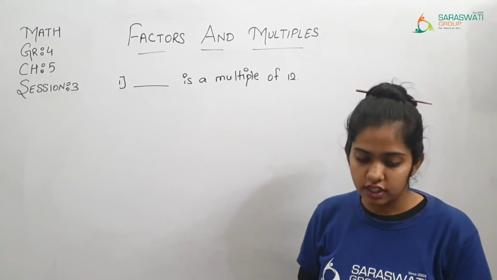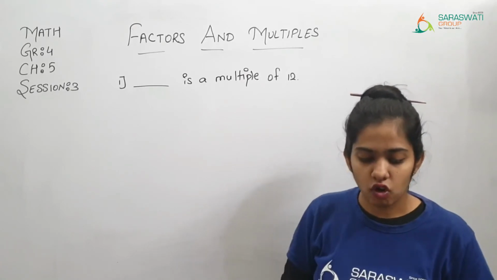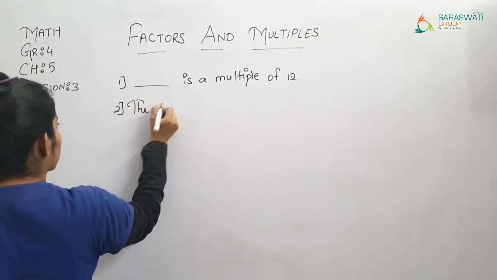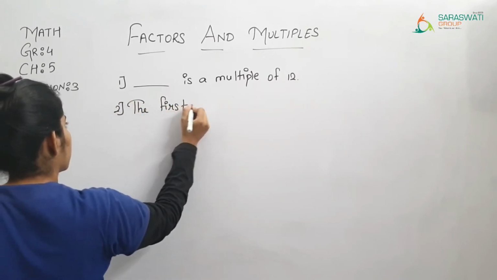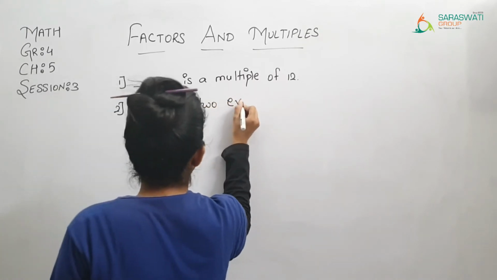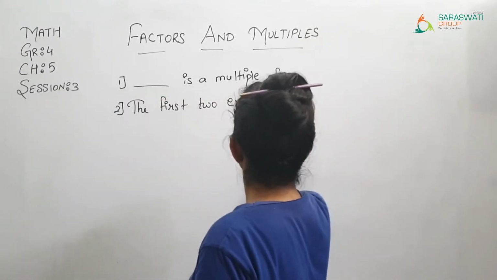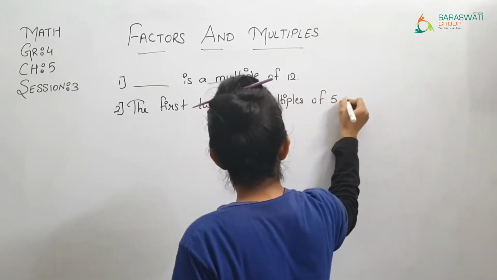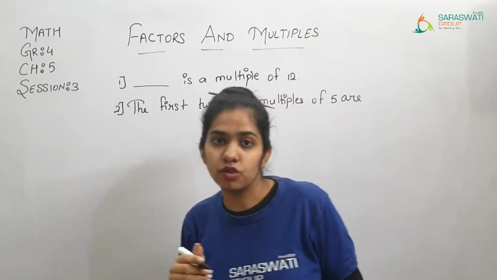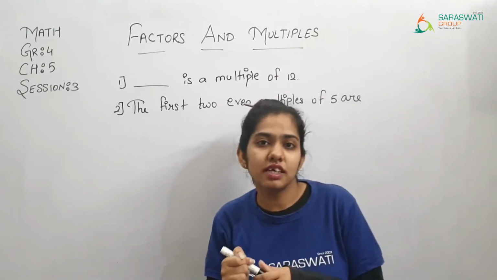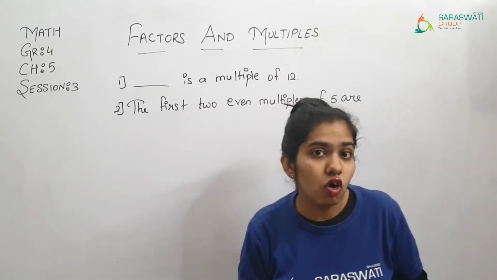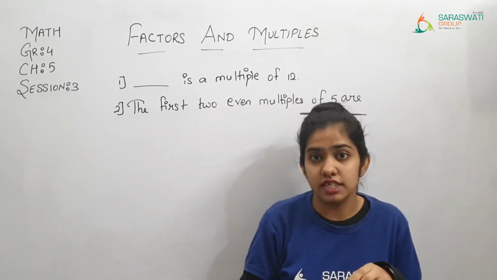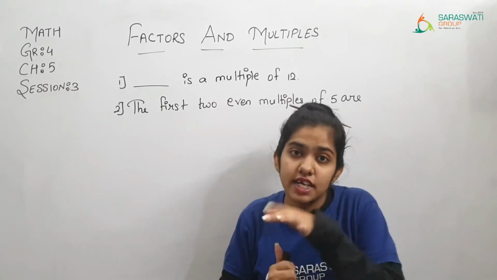Then afterward, the first two even multiples of 5 are, okay, so first two 5 ના even multiples કયા આવે? 5 1s are 5 તો એ odd થઈ ગયો. 5 2s are 10. 10 is even number. 5 3s are 15 is again odd. 5 4s are 20.